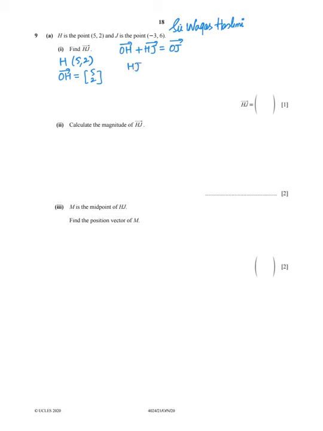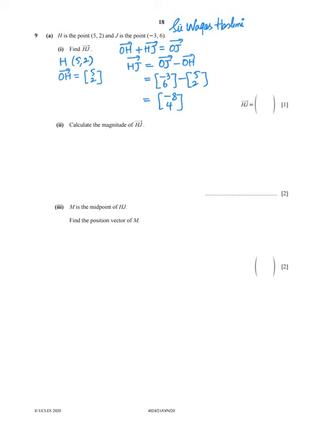We need to find HJ, so that is equal to OJ minus OH, right? So the vector OJ is minus 3 and 6 minus the vector OH, which is 5 and 2. So minus 3 minus 5, it's minus 8, and 6 minus 2, it's 4.